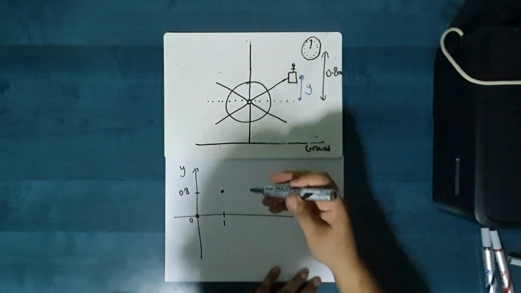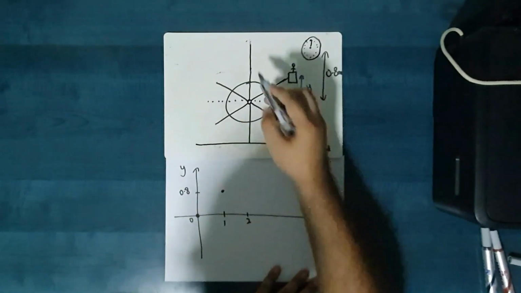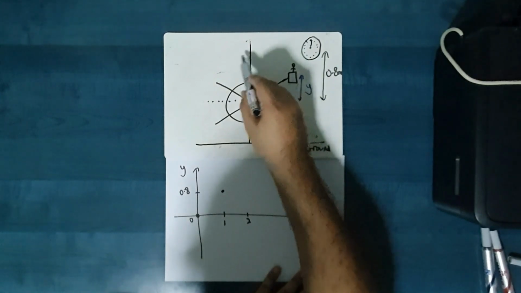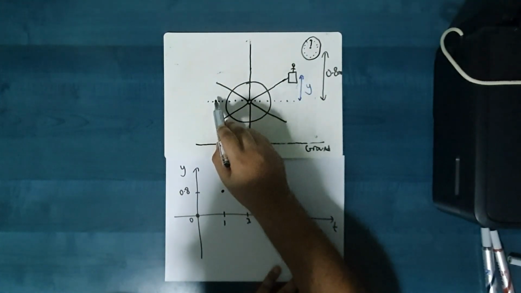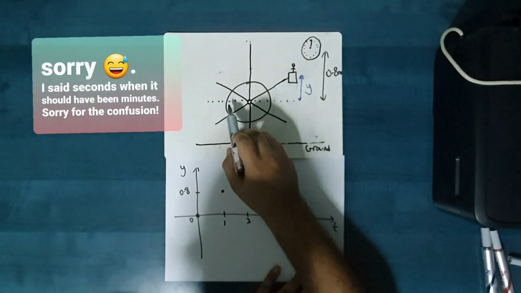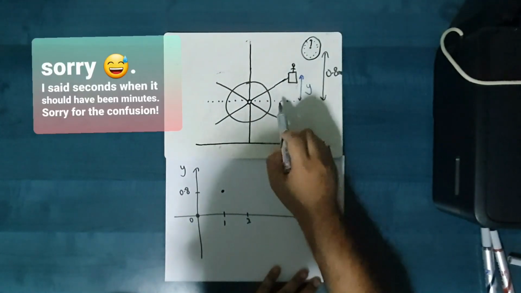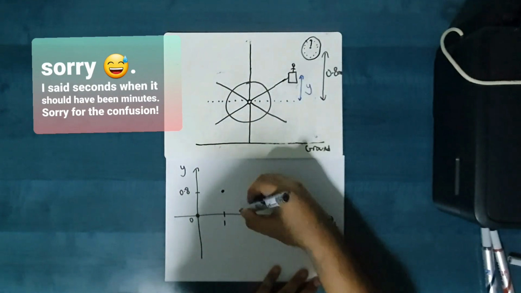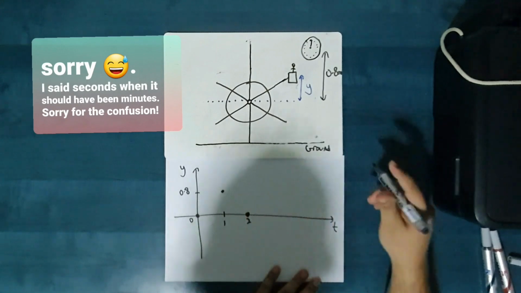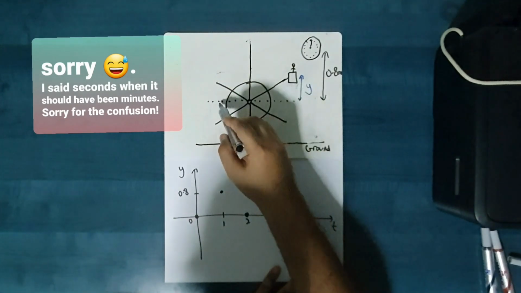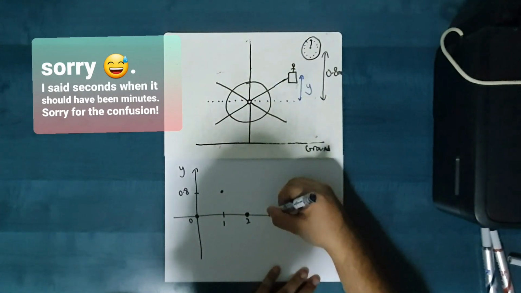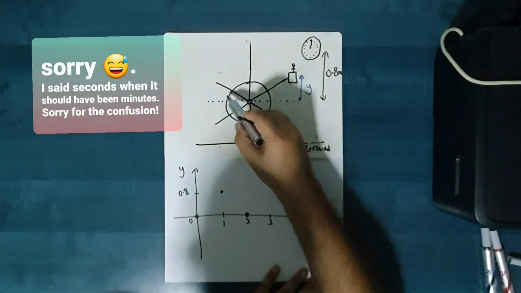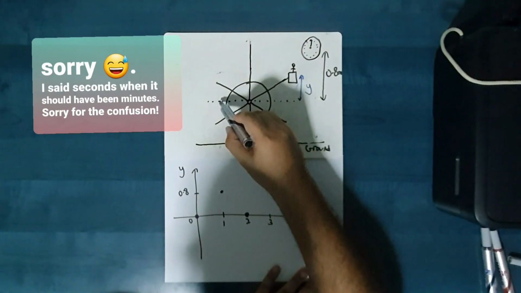And 1 second after that, which means 2 seconds later, he reaches here, at the other side where y is 0. So after 2 seconds, he goes here where his y is 0. So it will be represented by this. And 1 second after that, which means 3 seconds later, he goes down here.